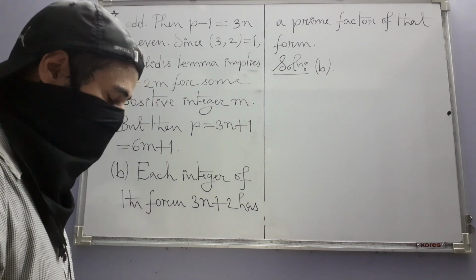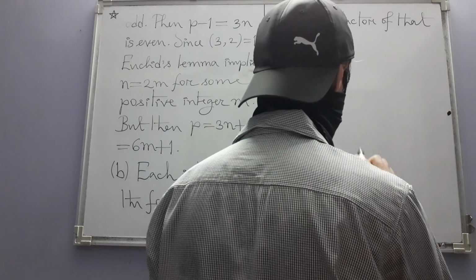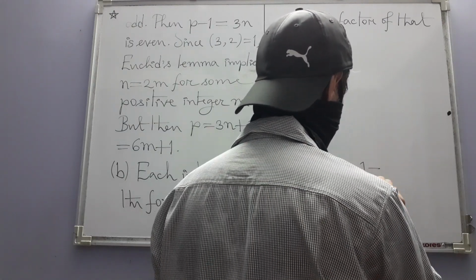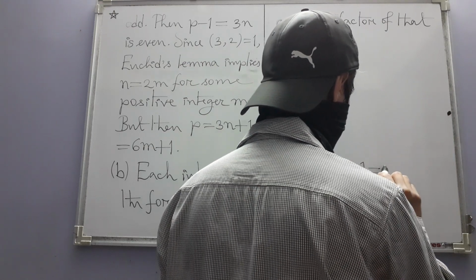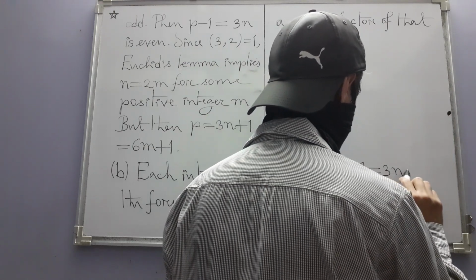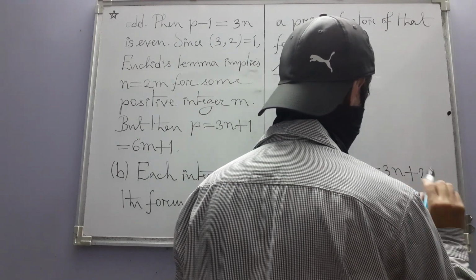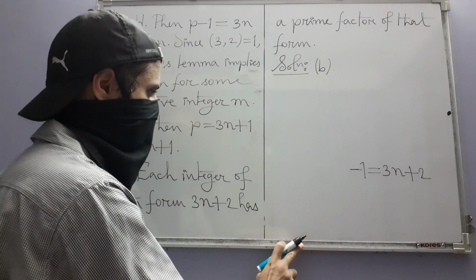Well, in this problem, it's written as an integer. Let me just see one thing. Can -1 be of the form 3n plus 2? Is it possible?